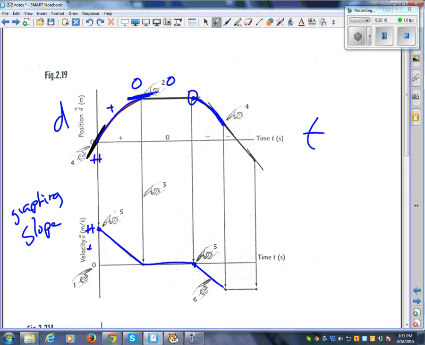And then, Jake, in this interval here, what's happening? Constant what? Constant negative slope. And so the velocity time graph flattens out and becomes constant negative. Constant negative value, right? The value here is the slope here. Going from this to this, you're looking at the slope and you're graphing.